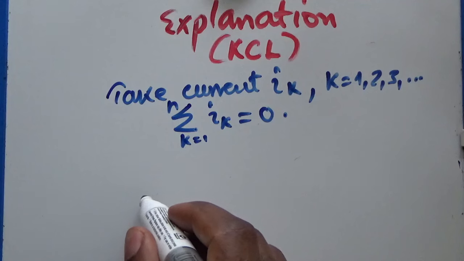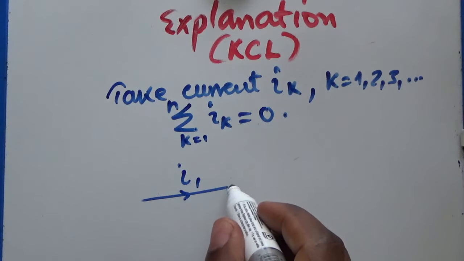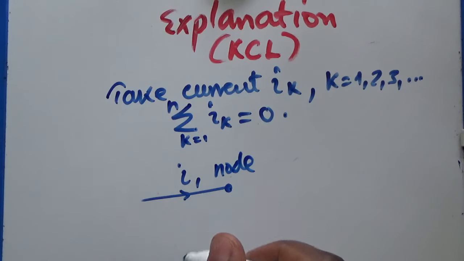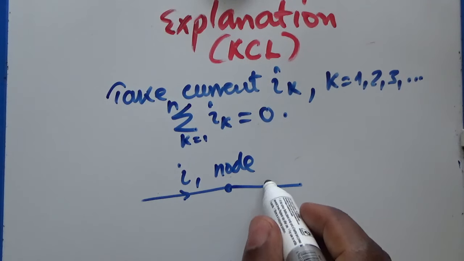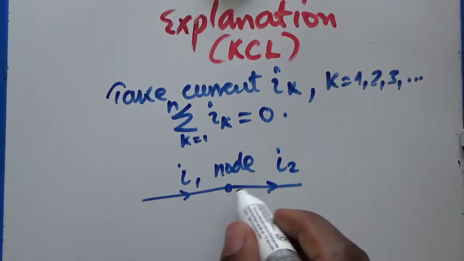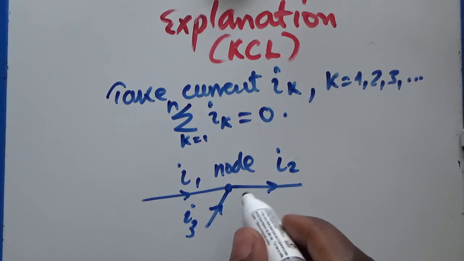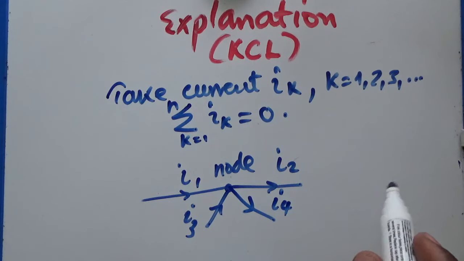So if this was our I1, for example, this is our node, which is the same as a branch point, and then we have currents branching off as I2. We have another one entering here as I3. We have another one leaving here as I4.